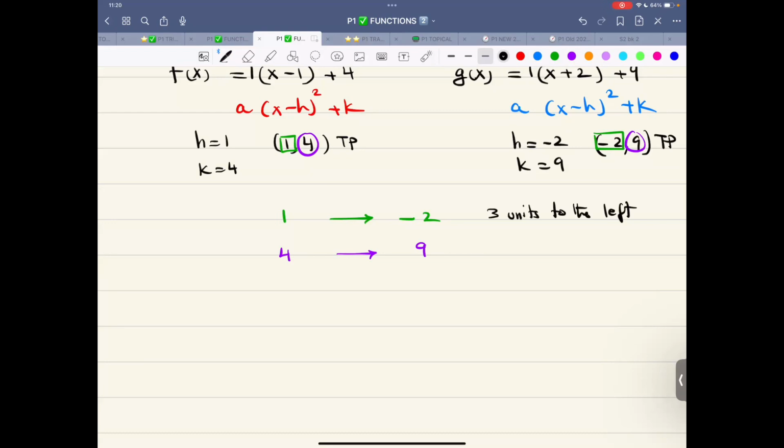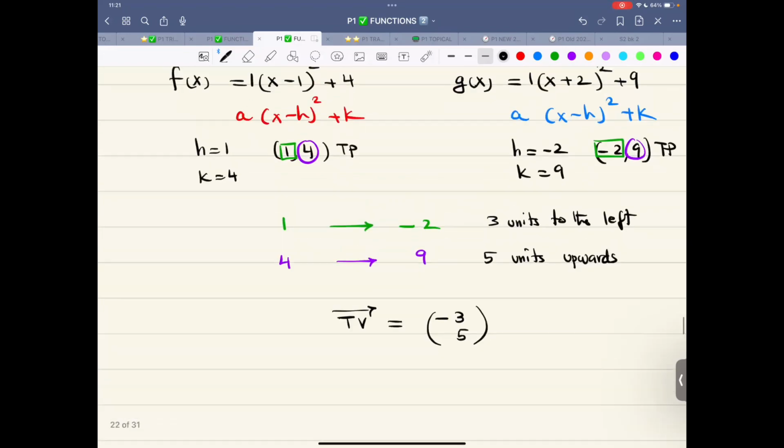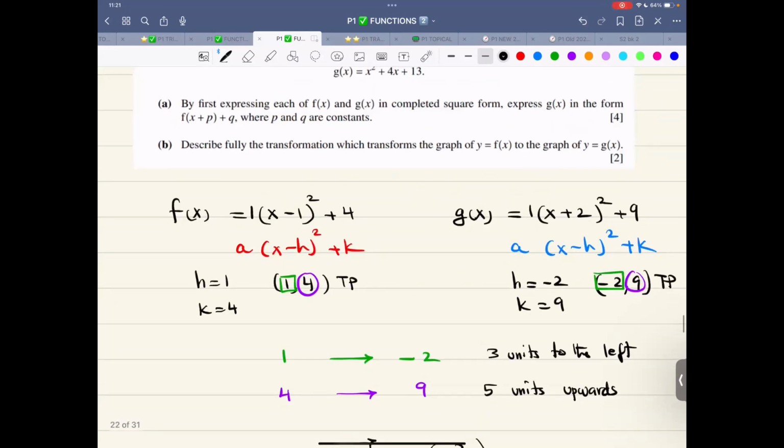The difference between 1 and -2 is 3 units. It's negative. That is why I'm saying it's moving to the left. And 4 to 9, that is 5 units upwards. That means the translation vector is (-3, +5). That is the translation vector.